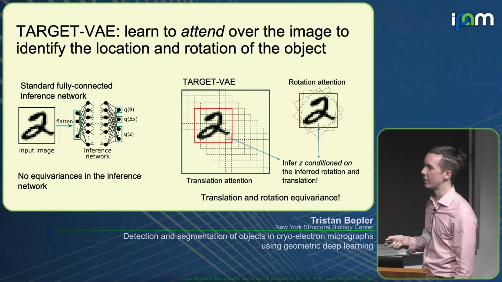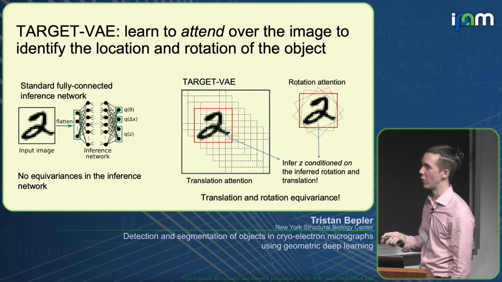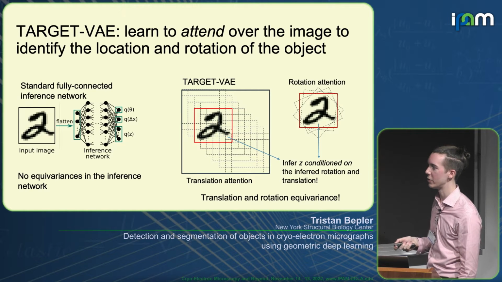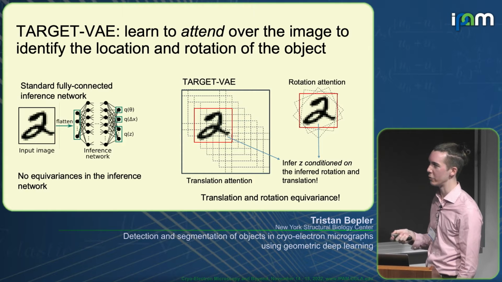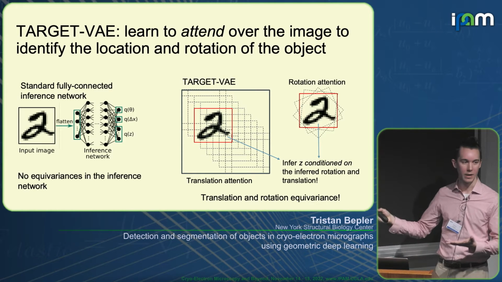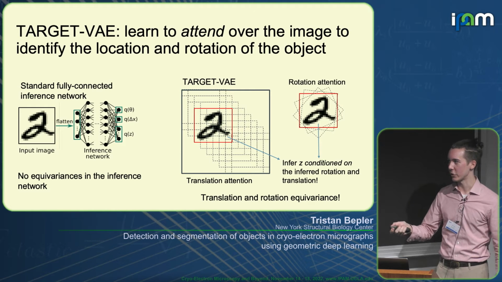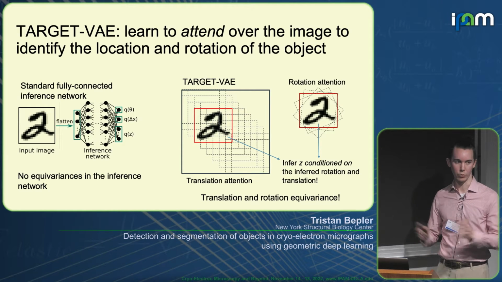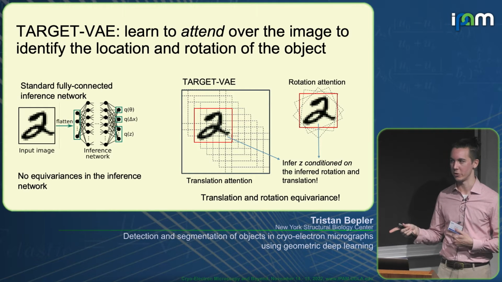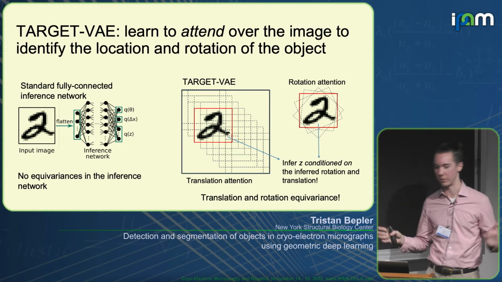The idea is that the encoder scans over all translations and rotations of every patch of my image, and we use those outputs to do inference on translation and rotation. If I translate my object, my output will translate that much. If I rotate my object, my output will rotate that much. And it's guaranteed. I don't have to train my network to do that.